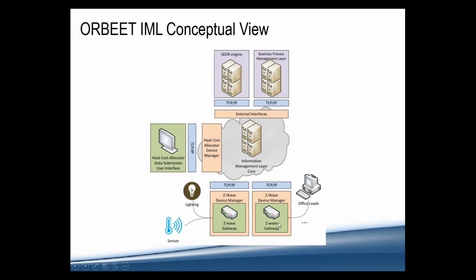We have the Z-Wave gateway, gathering the data from the different hardware devices, reporting data to our cloud information management layer core application for persistence reasons, for storing the information and further routing this information to the rest of the business applications of the OrbEEt framework.